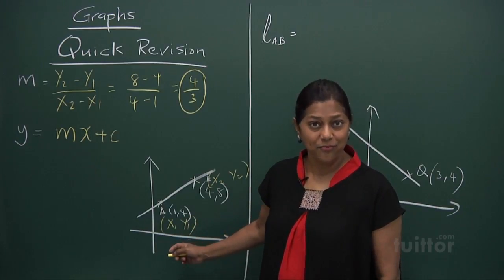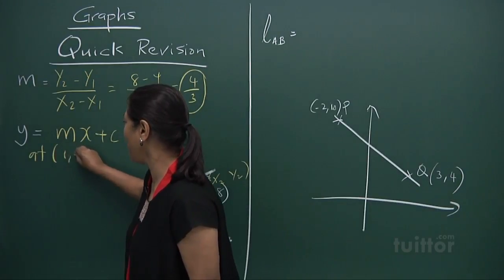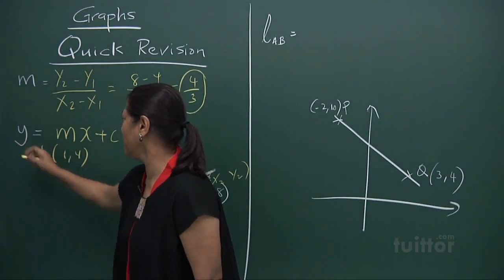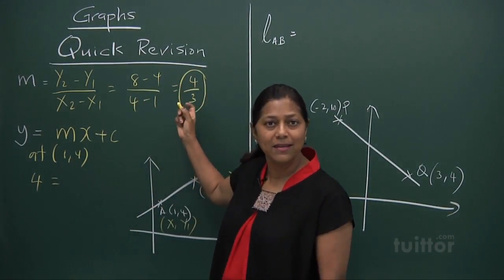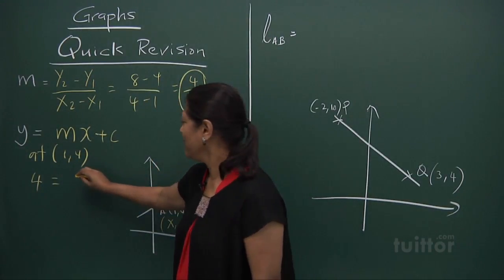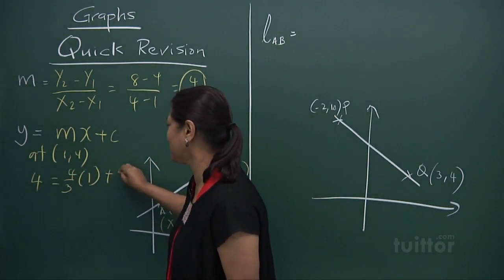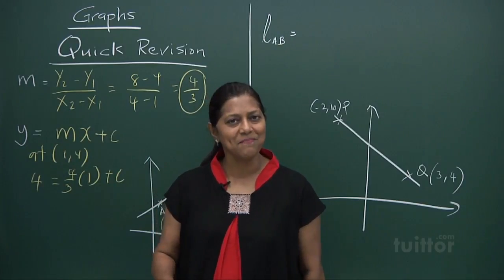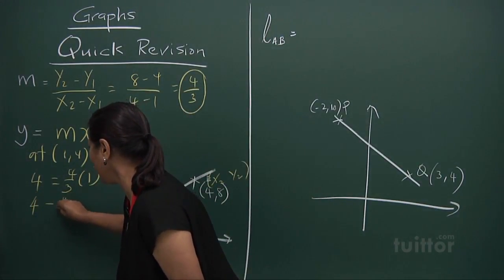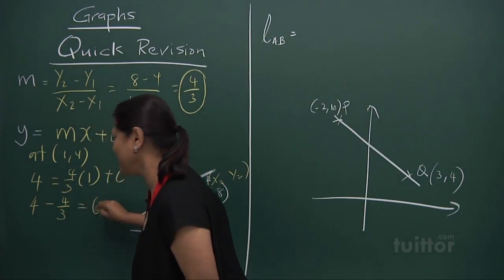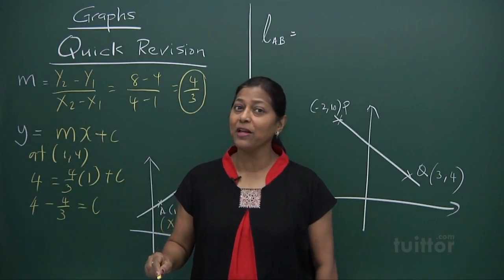At 1, 4. Now at 1, 4, your y is 4, your x is 1, your gradient is 4 over 3. So we substitute these points and we'll get your c. So what does c become? Yes, 4 wholes minus 4 thirds, and that means 4 wholes minus 1 whole and minus 1 third from it.